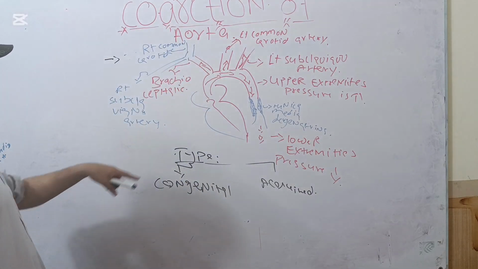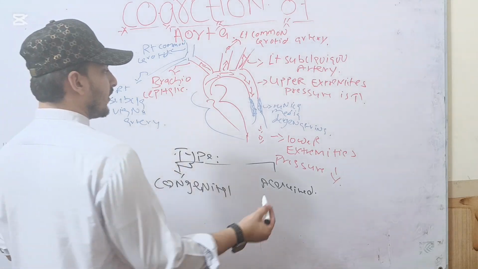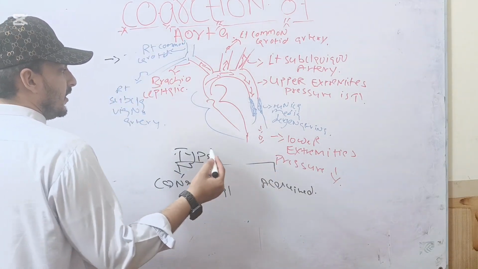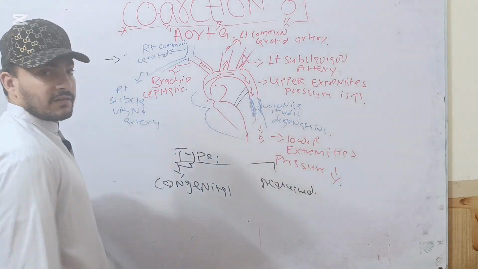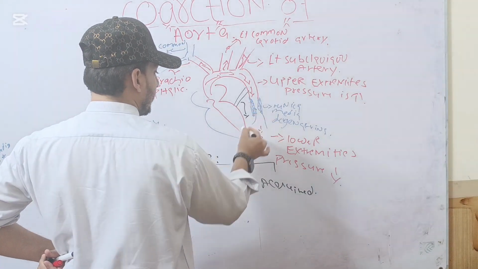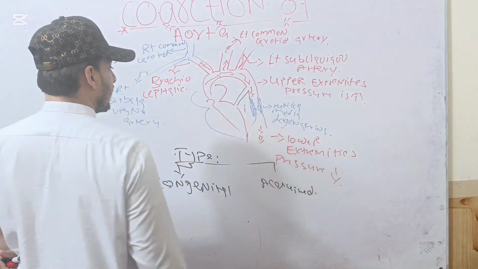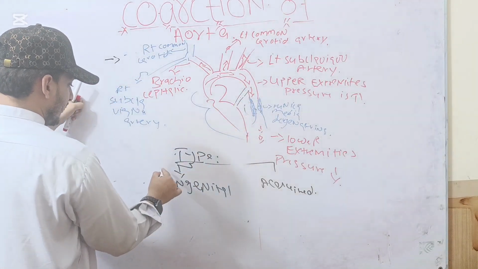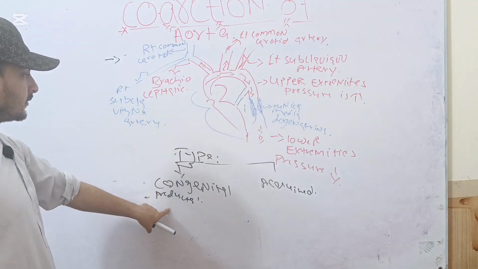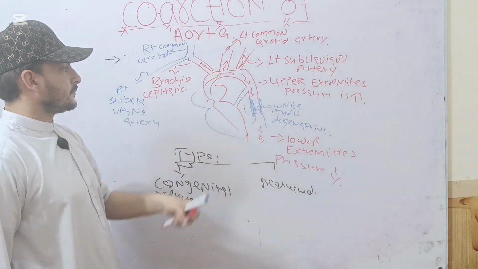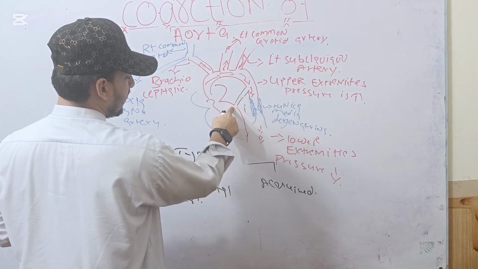If the baby is not born yet, in the fetus the lungs are undeveloped. There is a duct here, and this duct is called the ductus arteriosus.